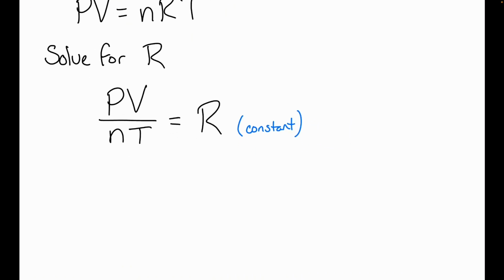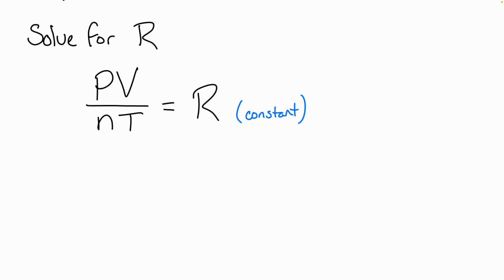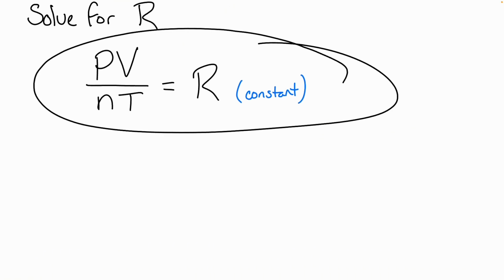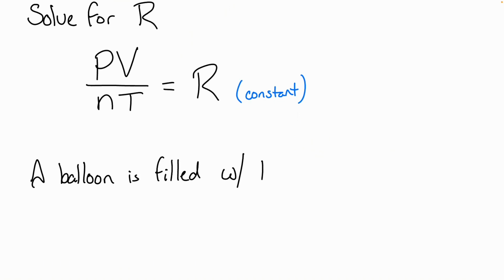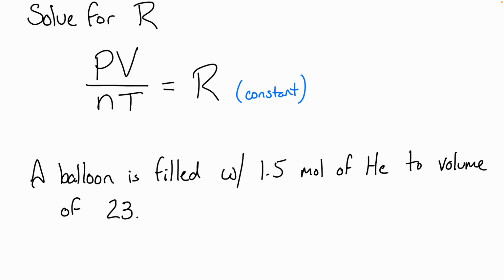All right, so let's take a look at one of our alternative gas law problems, and we'll see how to use this. We'll take a party balloon that is filled with 1.5 moles of helium to a volume of 23.6 liters.